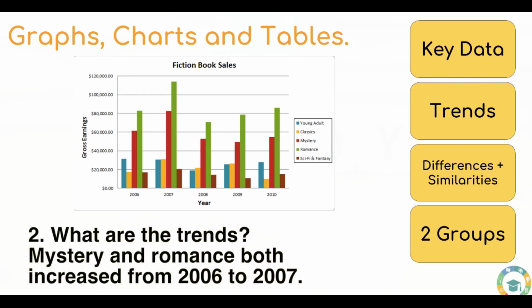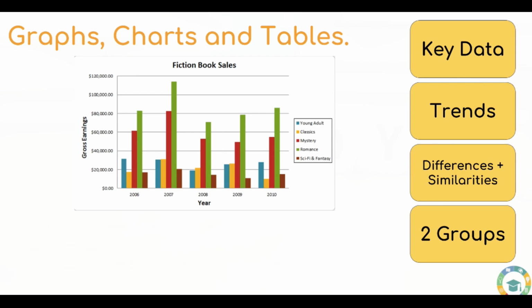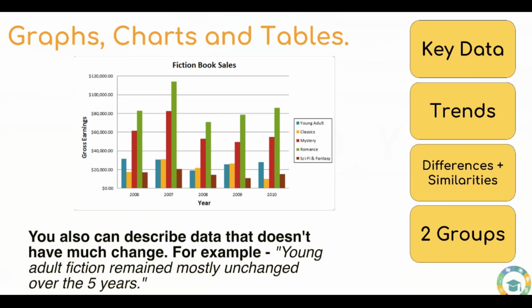Another trend could be from 2006 to 2007, mystery and romance novels both increased quite dramatically. It's important to note that you only select and describe the big trends and big differences and similarities. If there isn't anything interesting about the data, it's better to not describe it.